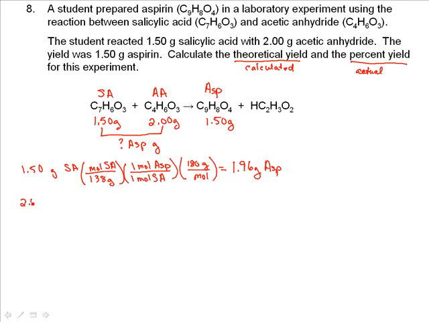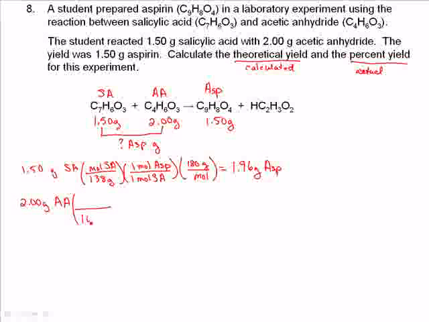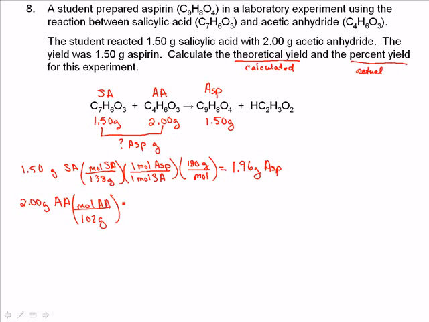If I use 2 grams of the acetic anhydride, its molar mass is 102 grams per mole. It's a 1-to-1 ratio, so for every 1 mole of acetic anhydride, I can make 1 mole of aspirin.